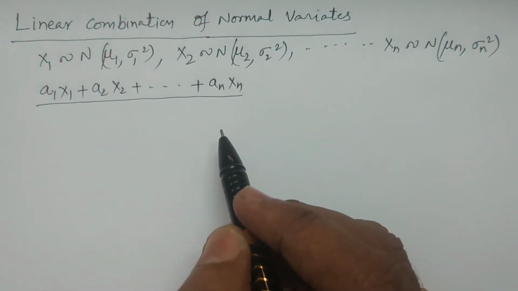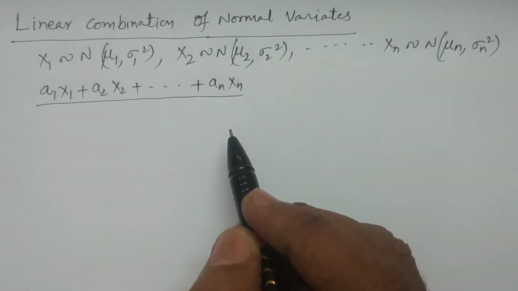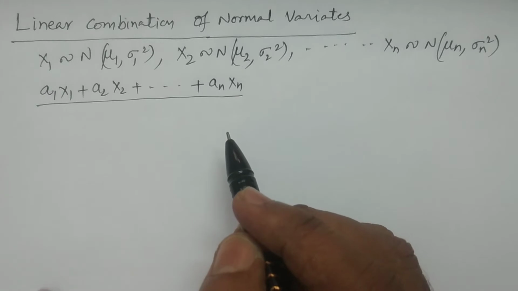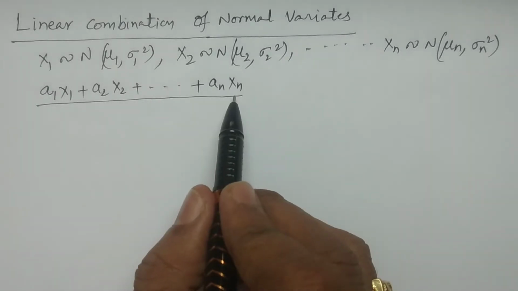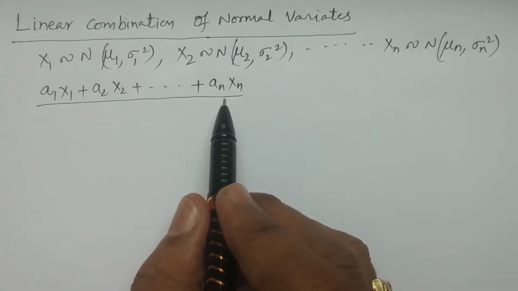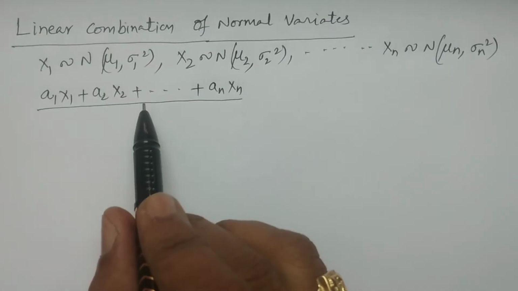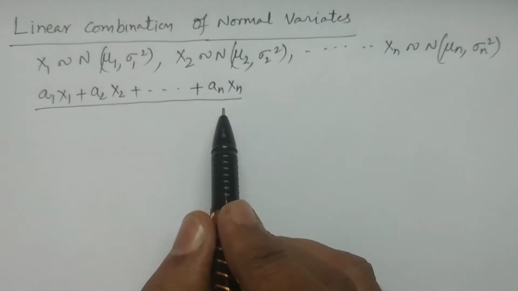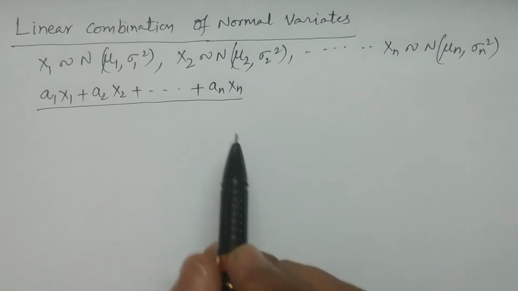Now it is required to calculate the distribution of this linear combination a1 x1 plus a2 x2 plus and so on plus an xn, whether it follows a normal distribution or not. That is, whether it is a normal variate or not. That is our question.